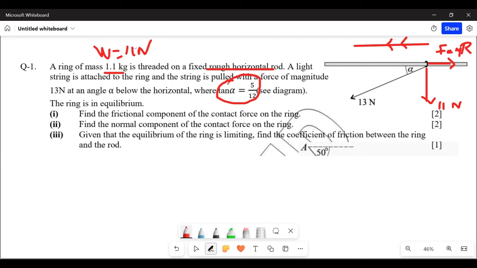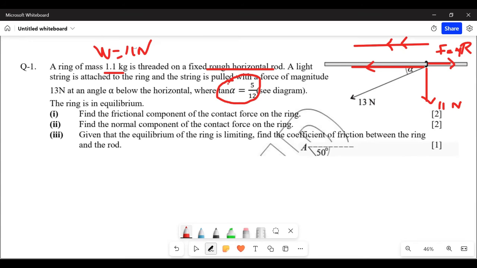Now, when tan alpha is given, you can use it to find sine alpha and cos alpha. And that will help you in finding the components of tension, because we know there's this component of tension and then there's this component of tension. The opposite one is the sine component, and the adjacent one is the cos component.